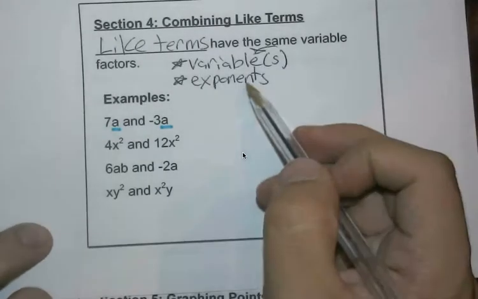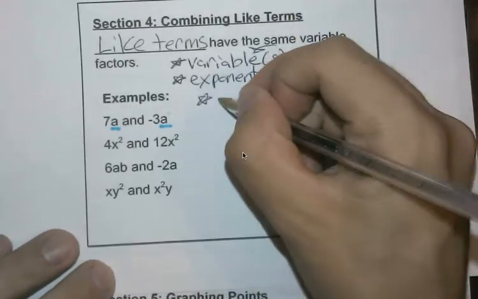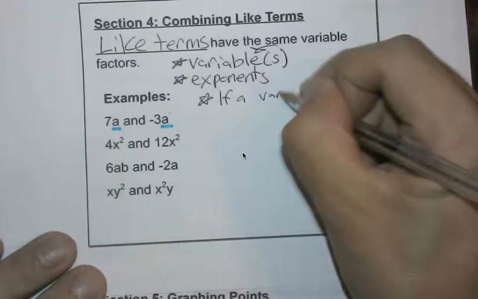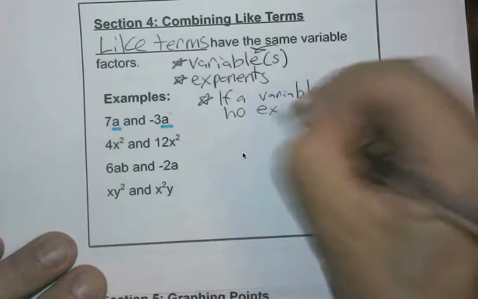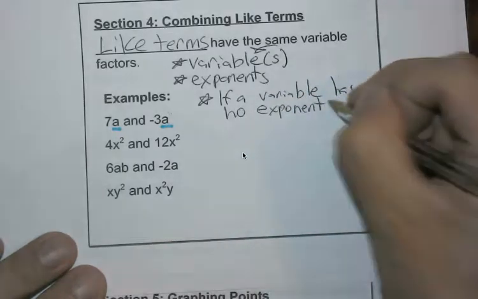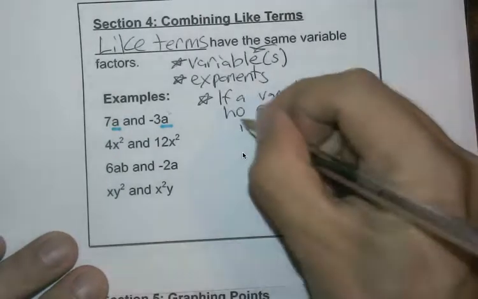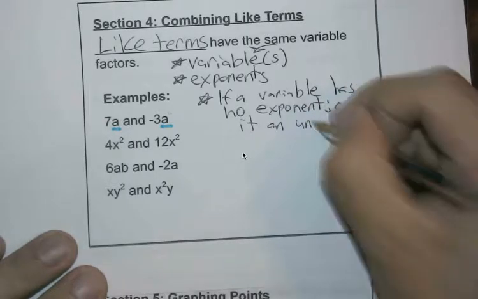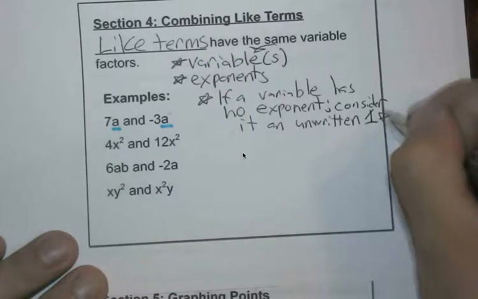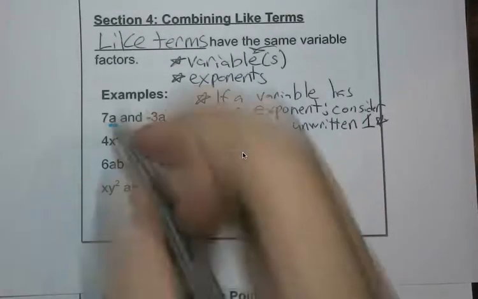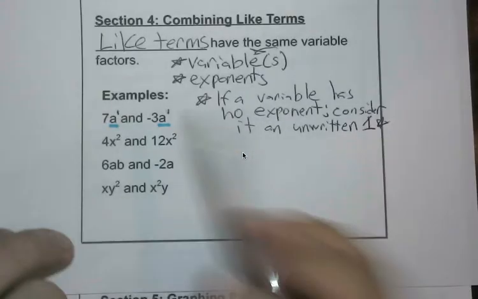The exponent, however, we don't necessarily see that, but this is a really important fact, and I'll highlight this in a moment. If a variable has no exponent, consider it a 1. So although for these a terms, we don't necessarily see an exponent, there is a 1 here, but there's no need to write it because it's not multiplying by itself more than one time.